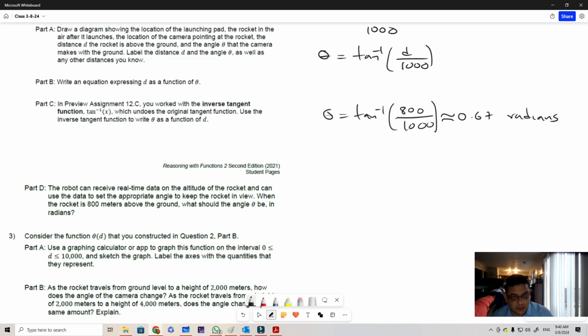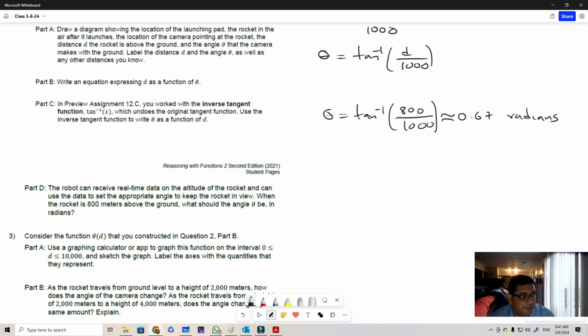So we're really going here for the tangent to the -1 function that we can create here.